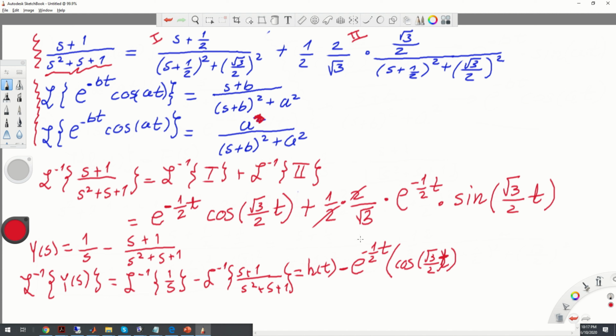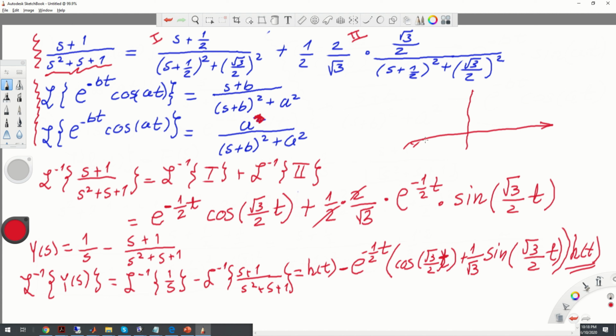These two terms can be simplified, so we have plus 1 over square root of 3 multiplying sine of square root of 3 over 2 times time. And we will add here a Heaviside function, since we don't consider functions for time smaller than 0. So we multiply all the expressions by Heaviside functions.